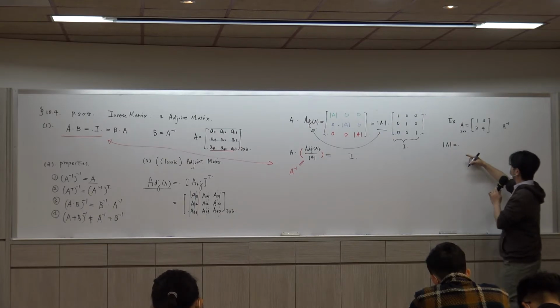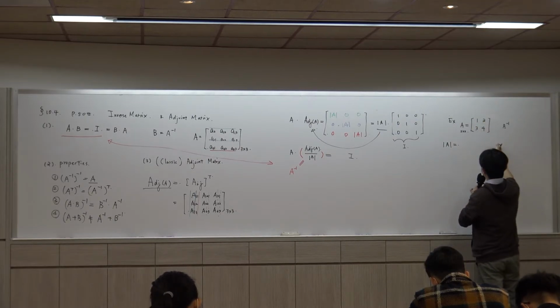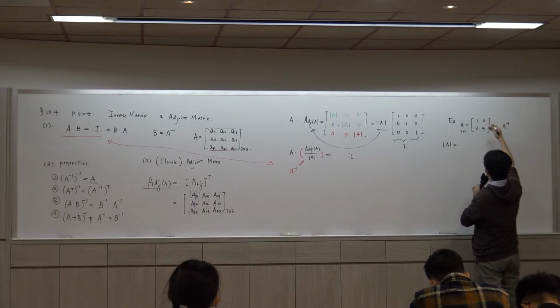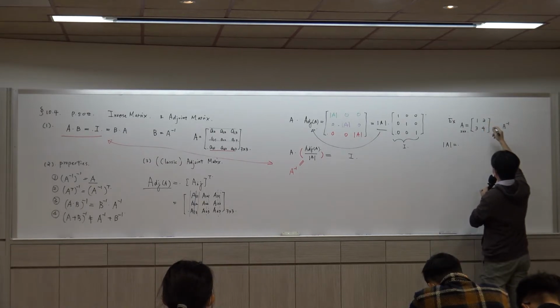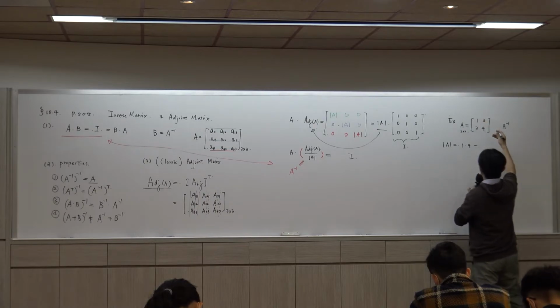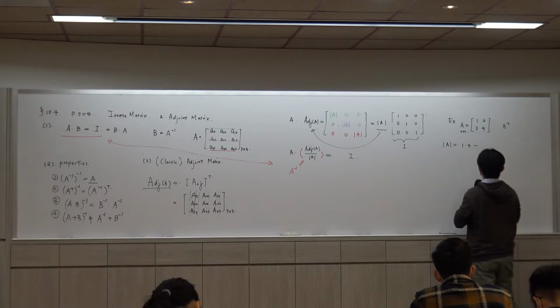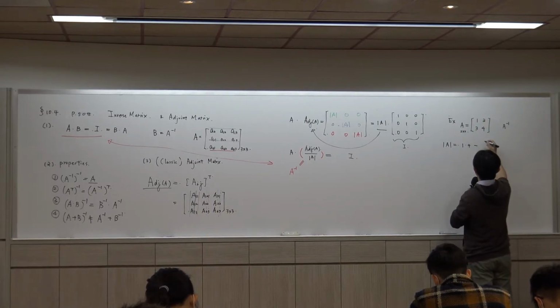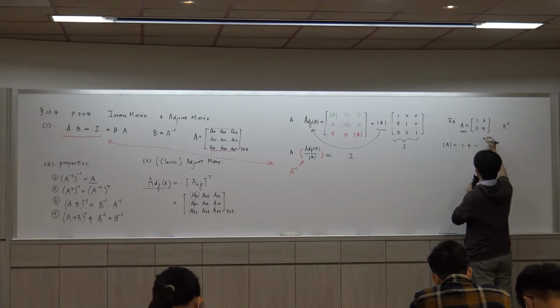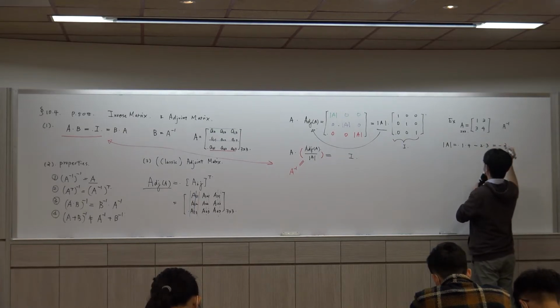So it's quite easy. We can write 1 times 4 minus 2 times 3, so it equals minus 2.